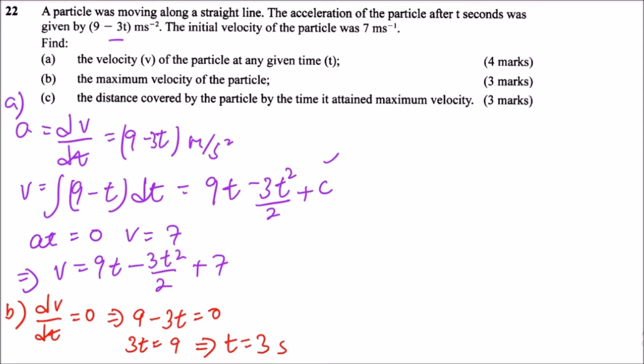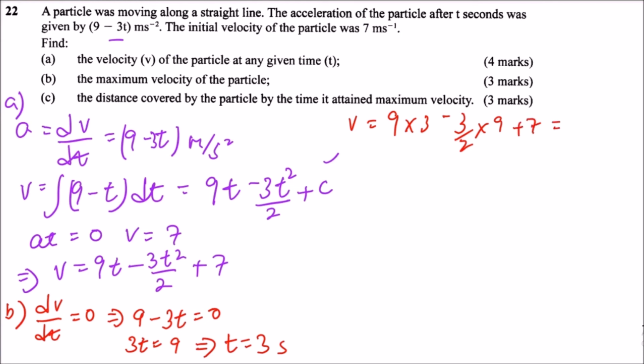Part C. We can say the distance covered by the particle. So before we go to C, we need the maximum velocity. Because we have obtained the time, to get the velocity we substitute t. So this will be 9 multiplied by 3, minus 3 over 2 multiplied by 9, that is t squared, plus 7.